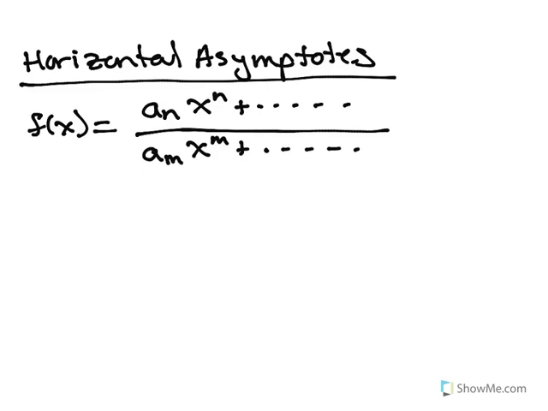Okay, so the degree of my numerator is n. The degree of my polynomial in the denominator is m. So we decide what the horizontal asymptotes are using those degrees.